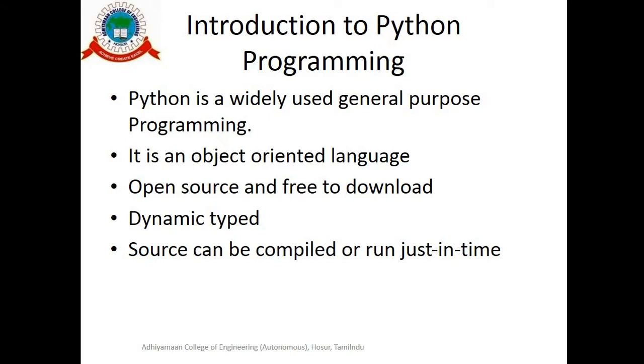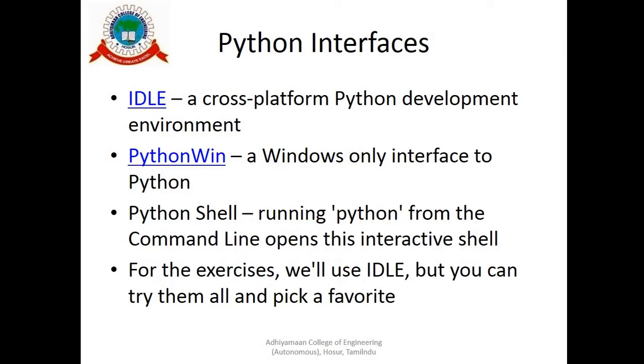And Python code can be compiled or interpreted. Here the Python code will be interpreted. Python needs an interpreter to interpret Python programming. Here IDLE is an interpreter and it also acts as a Python development environment.